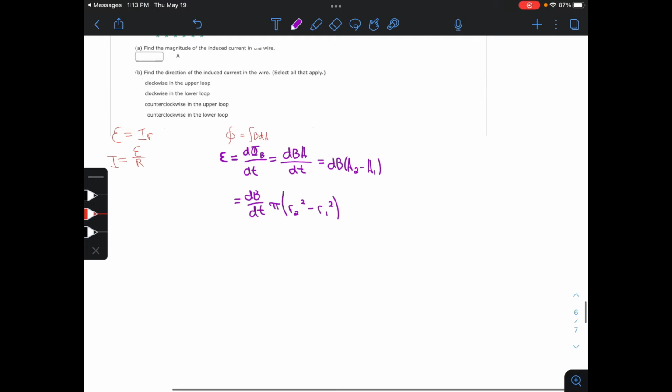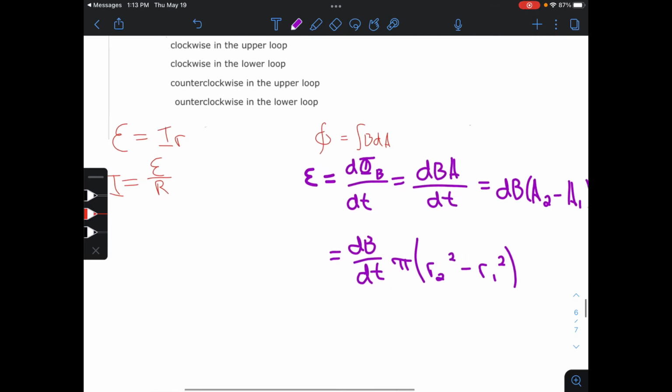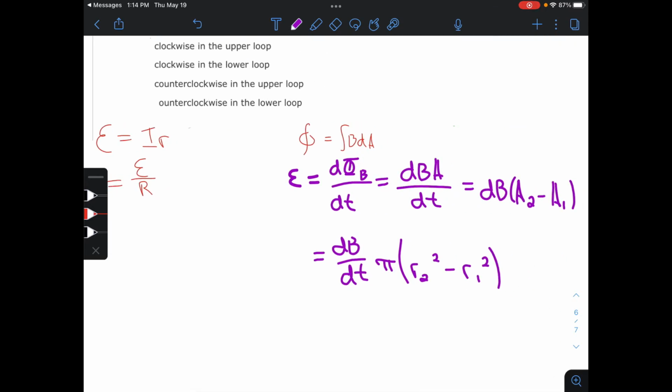Okay, that is a really thin font. So I wrote what it means, and I believe that's flux, right? So the EMF is equal to the change in flux. It's equal to the change in field times the area.